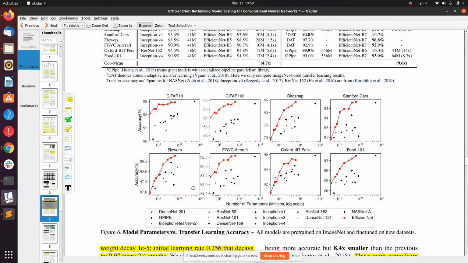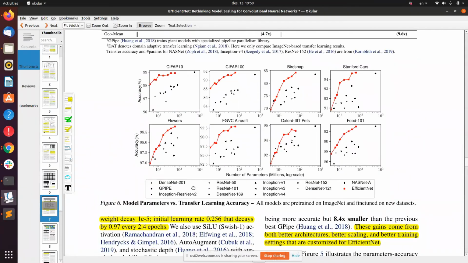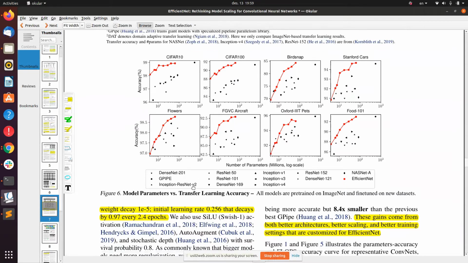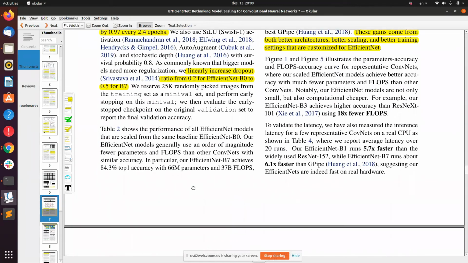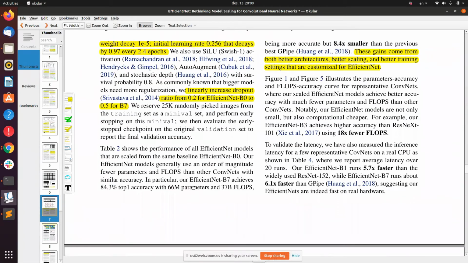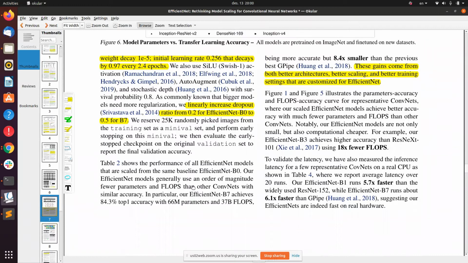This red plot is EfficientNet, and they have given each symbol for each network they have used. When they apply transfer learning, they mostly talk in terms of flops, memory, and accuracy, how much benefit they got.